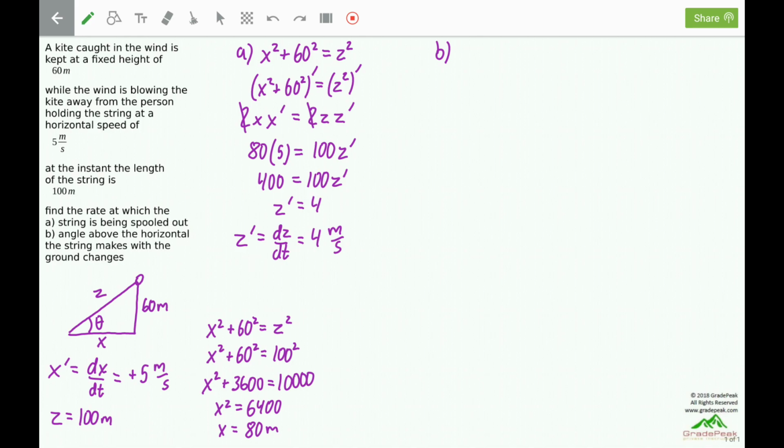If we relate it to the hypotenuse z, we can make use of maybe the sine of theta. One thing we will want to use is the constant side of the triangle, so we will want to use the 60. And sine of theta will equal the opposite side of the triangle, which is 60, over the hypotenuse of the triangle, which is z.